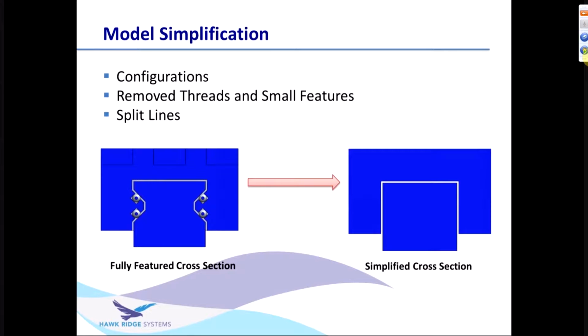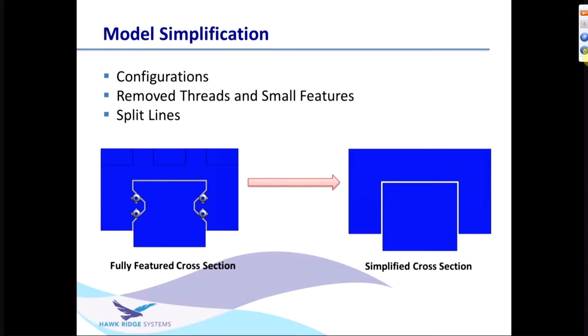As I mentioned before, we usually start by simplifying the models that we receive from customers. Sometimes we receive fully featured models that are ready to be manufactured. These types of files usually need to be simplified in order to save time and reduce the computational resources required to solve a complex problem.